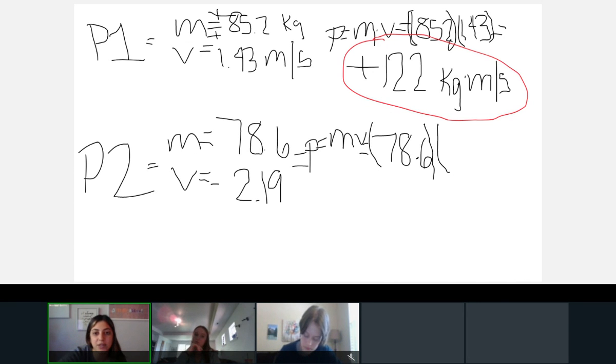So it is going to be multiplied by 2.19, but don't forget that we need to include the negative, right? And then remember that that negative is just telling us that they're moving in the opposite direction of the other player.